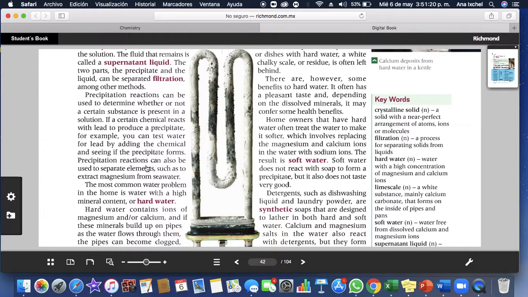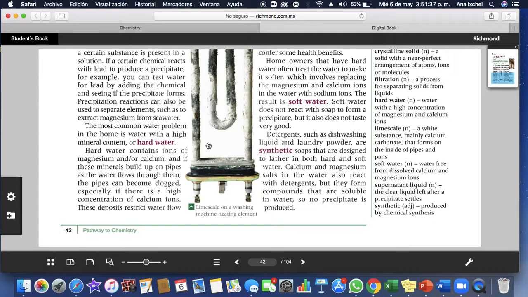Precipitation reactions can also be used to separate elements, such as to extract magnesium from seawater. The most common water problem in the house is water with a high mineral content, or hard water.